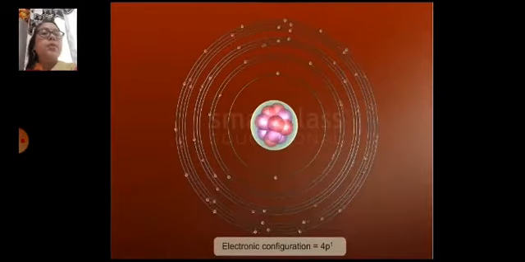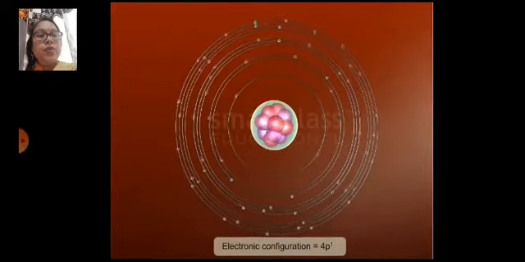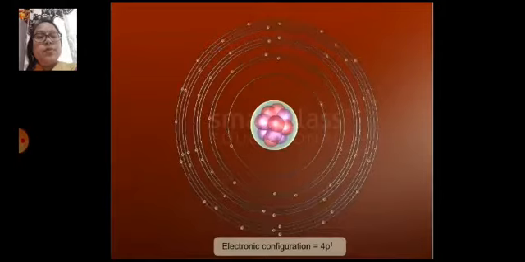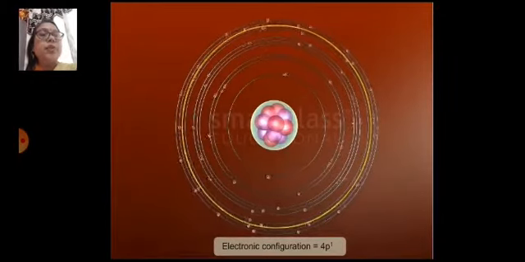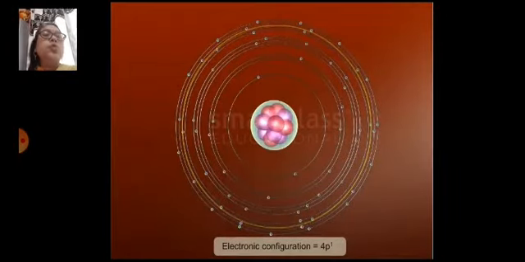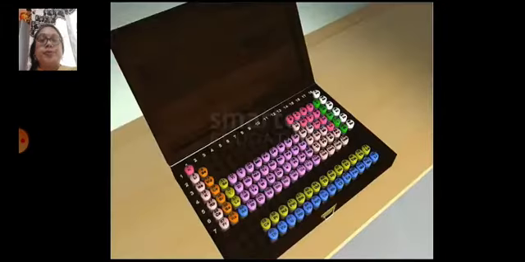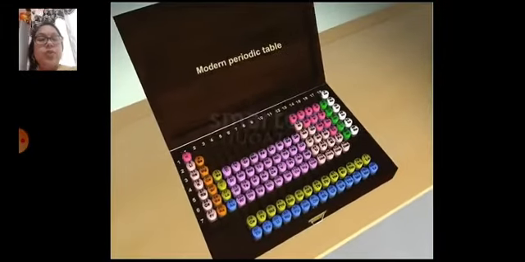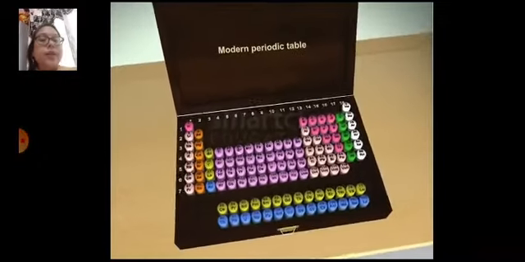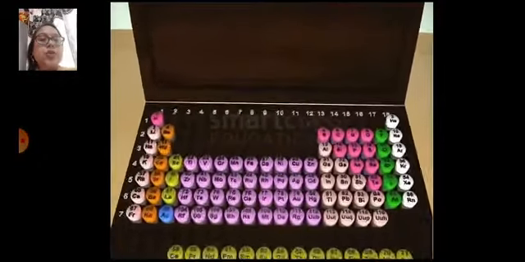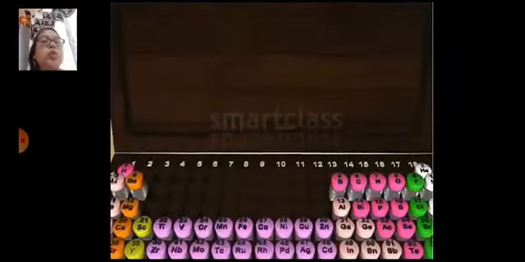For example, the electronic configuration 4p1 represents one electron in the p subshell of the fourth shell, that is the N shell. The electronic configuration of elements is directly related to their position in periods or rows and groups or columns.